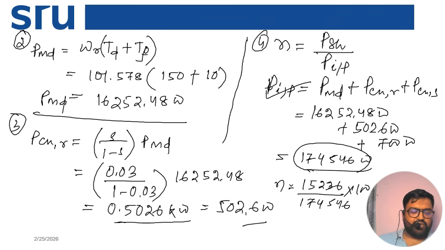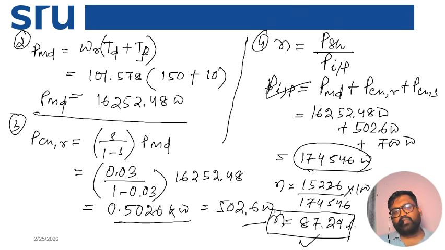That is 87.29%. This is all about the points we have to understand. This is the final answer for this question. Similarly, if further questions come regarding this, you have to solve them like this.